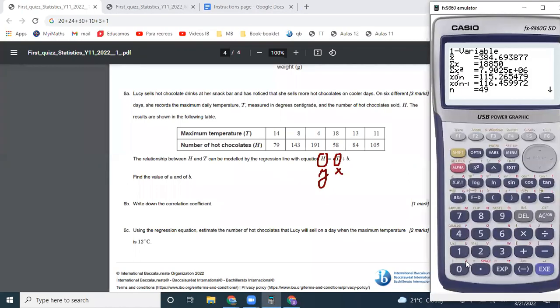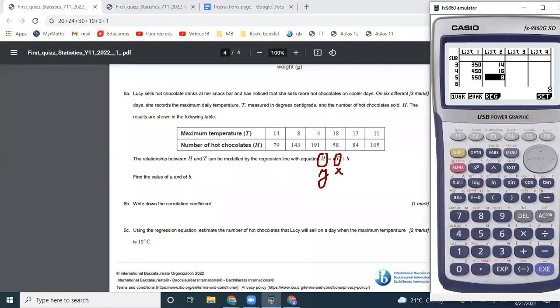So if we come here and clean everything first, we write first the values for the list for x, right? So we have 14, 8, 4, 18, 13, and 11. And then for the hot chocolates, we have 79, 143, 191, 58, 84, and 105.